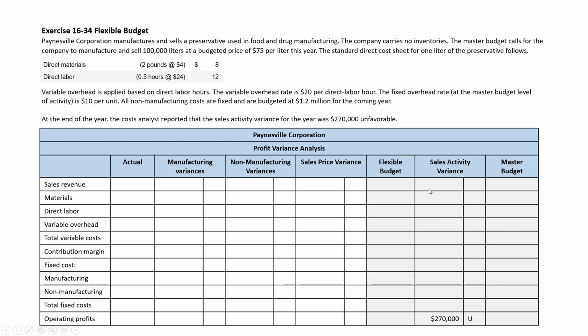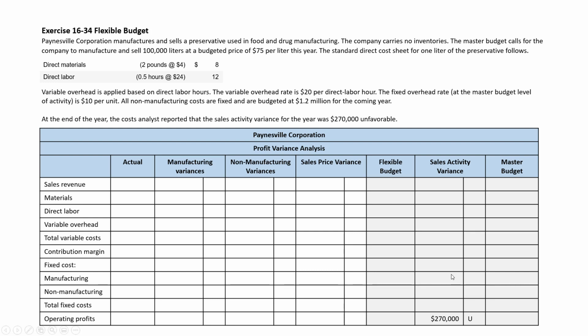That would be the sales activity variance for sales revenue. For direct materials, again, the master budget is 100,000 liters times $8 in direct material costs. That's 2 pounds of material at $4 each. For the flexible budget, that same $8 per unit, again not times 100,000, but times the actual activity level.